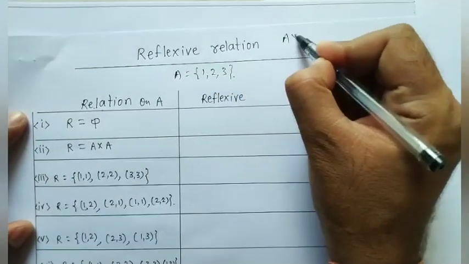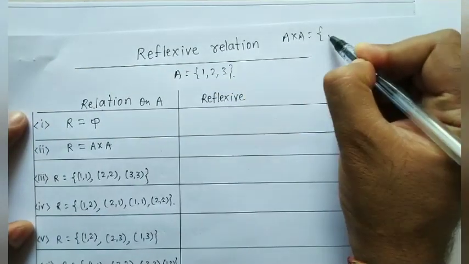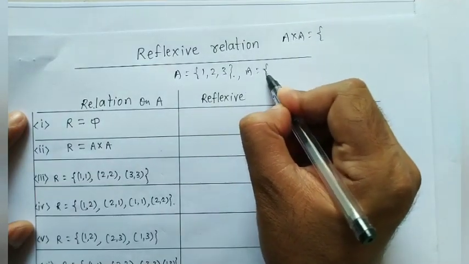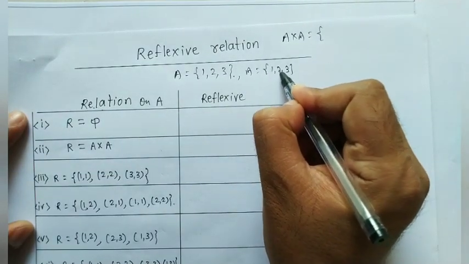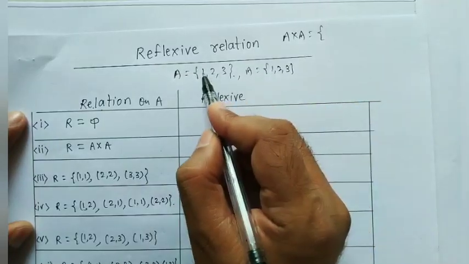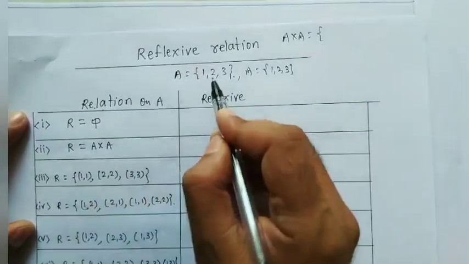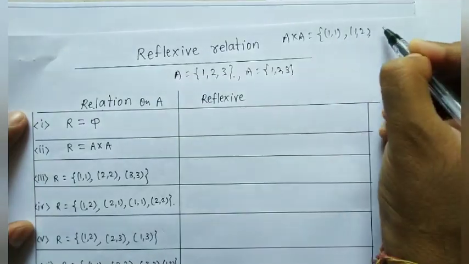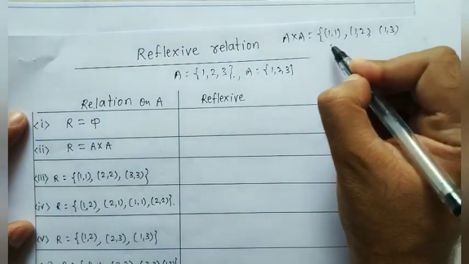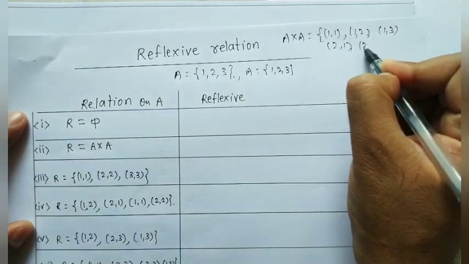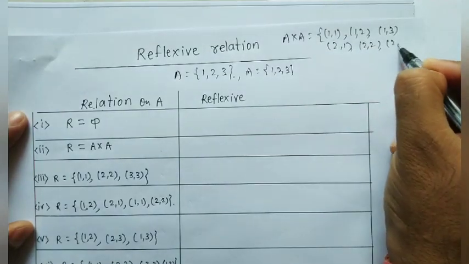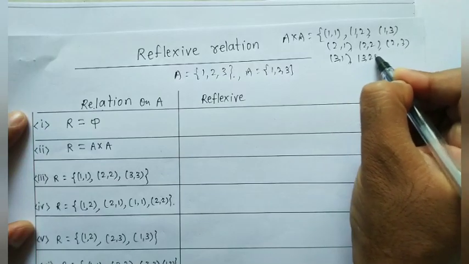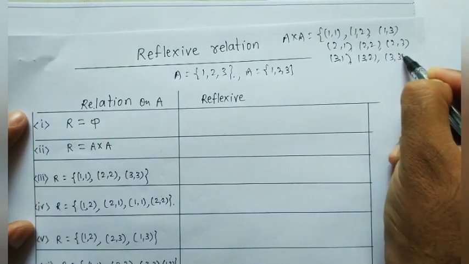If A is {1, 2, 3}, then A cross A means you have to write one more A here, and A cross A means (1,1), (1,2), (1,3), then (2,1), (2,2), (2,3), and then (3,1), (3,2), (3,3). This is your A cross A.